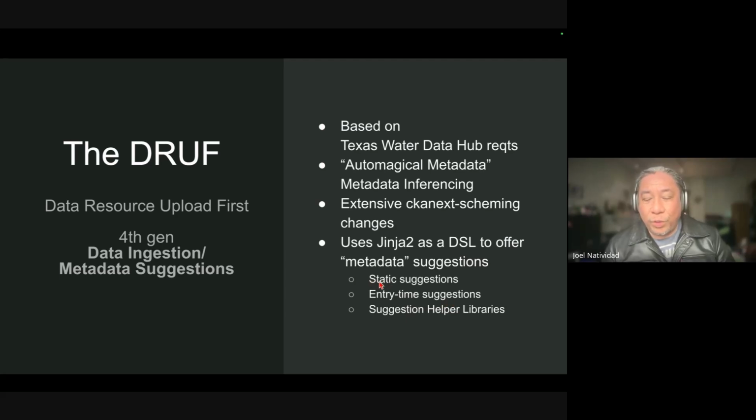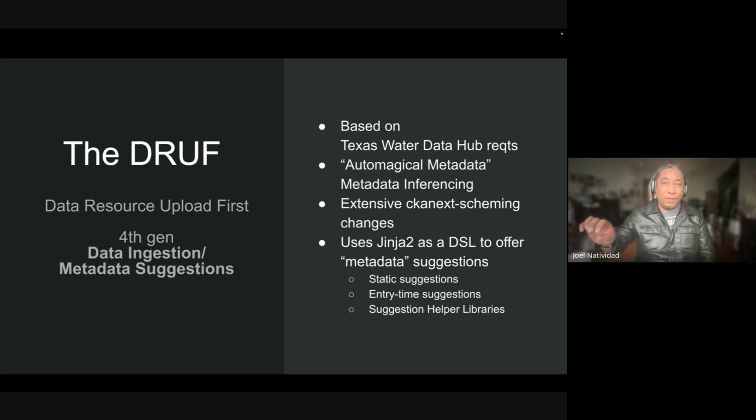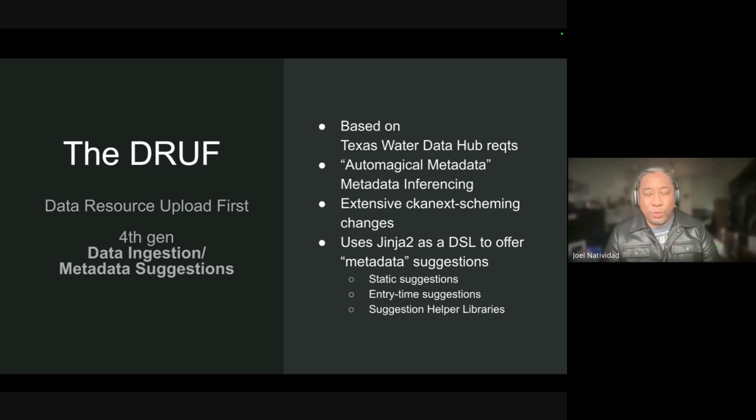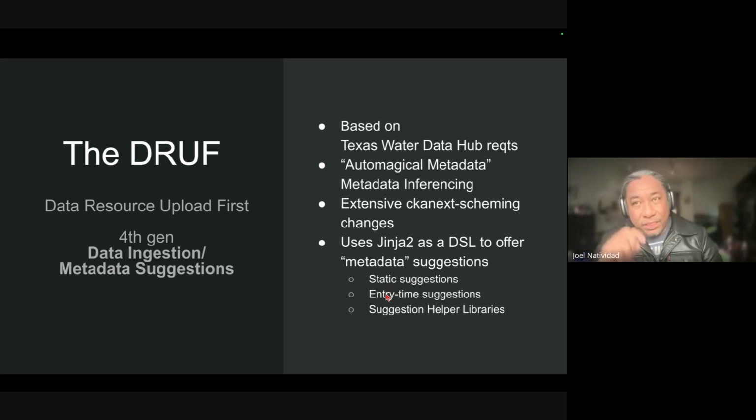So right now what I showed you is a static suggestion calculated and incorporated in the scheming YAML file, right? But we will also do entry time suggestions. And what that means is we will use Jinja 2 almost the same way you do formulas in Excel.